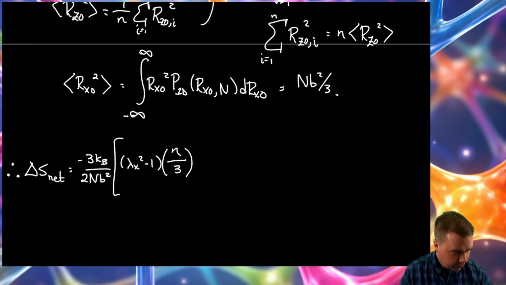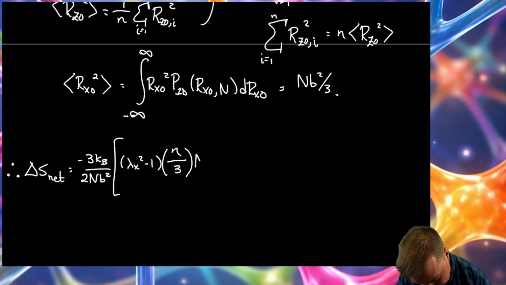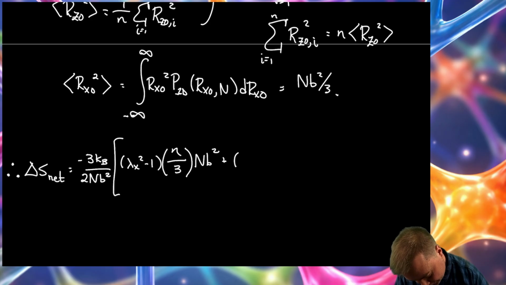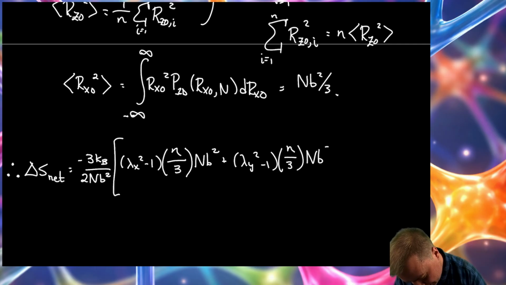And then we've got Rx0 squared, divided by 3 is the 3 that I just wrote. So this is multiplied by nb squared. Okay, so I'm just substituting the terms in. Plus lambda y squared minus 1, multiplied by n divided by 3, nb squared.